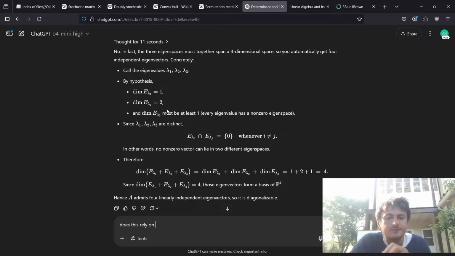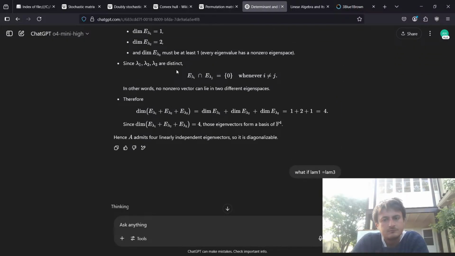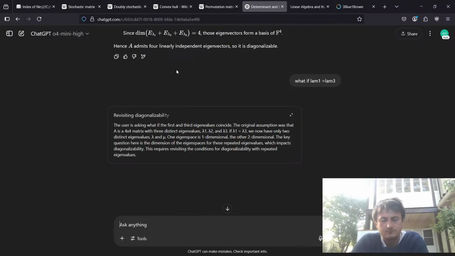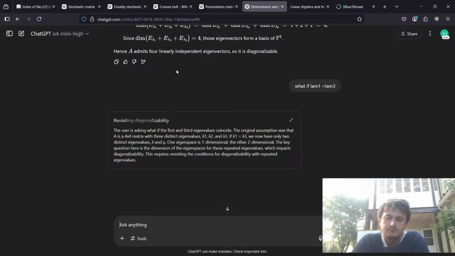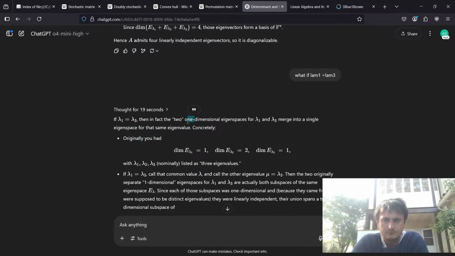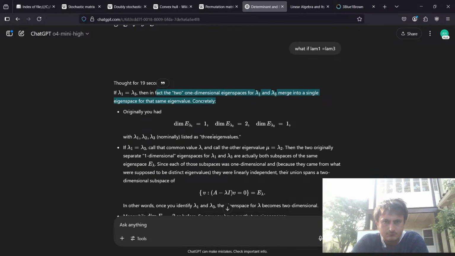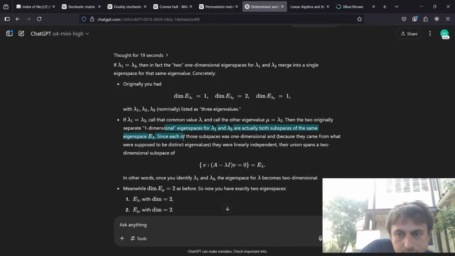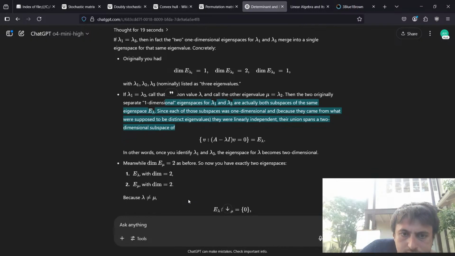So these are the subspaces with one-dimensional.